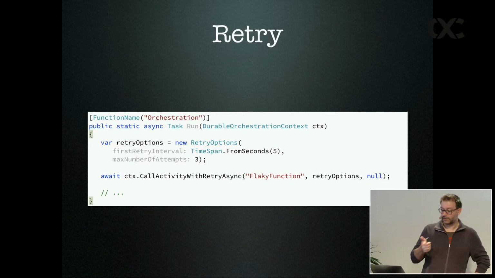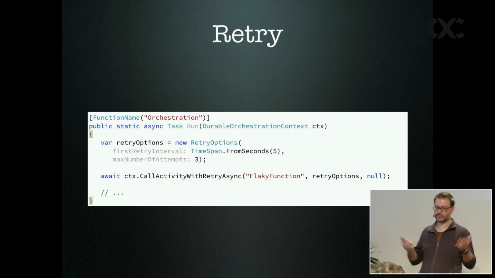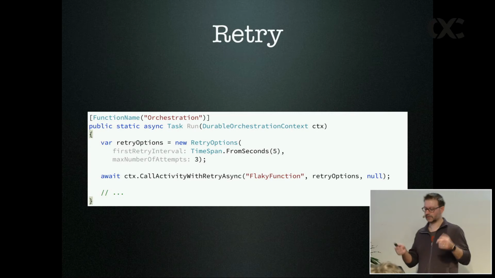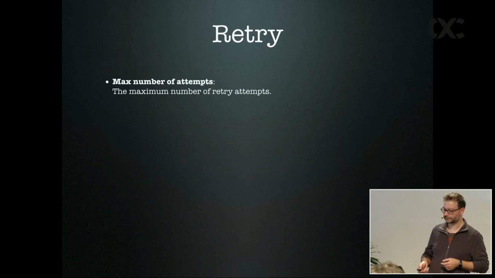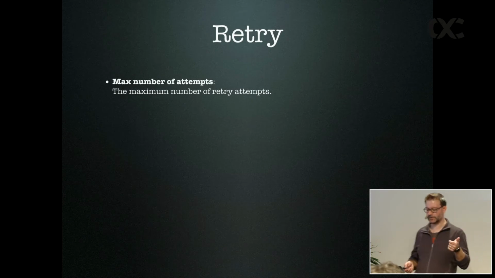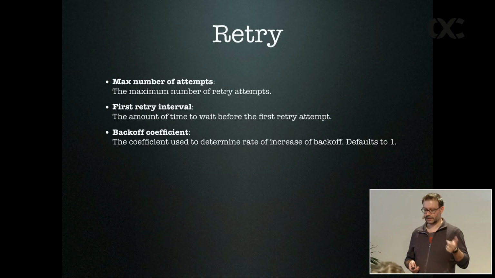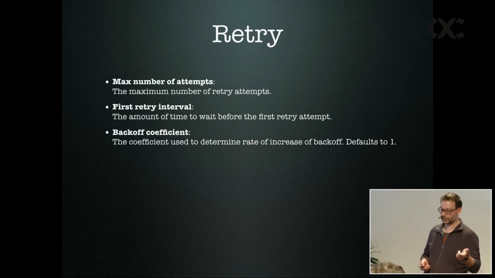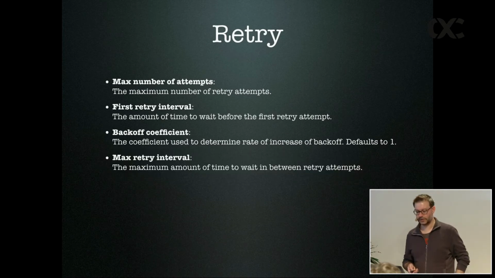You can define, for example, your first retry interval, after which time you want to retry. Do you want to retry? How many times? Maximum number of retries. Let's have a look. It's there. Maximum number of attempts you can define there. You can define your first retry interval. You can, the back-off coefficient, it's 1, so it's pretty linear. You can increase that, depending on the strategy.